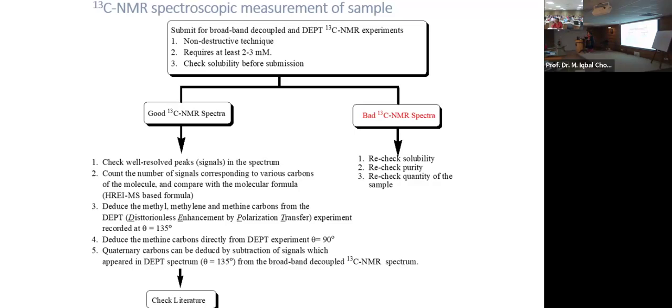The doublet and triplet peaks have big J values. In proton NMR, we have J values sometimes of 1 hertz, and at maximum we go to 18 or 19 hertz. In carbon, we have J values in the hundreds: 150 hertz, 180 hertz, 120 hertz.